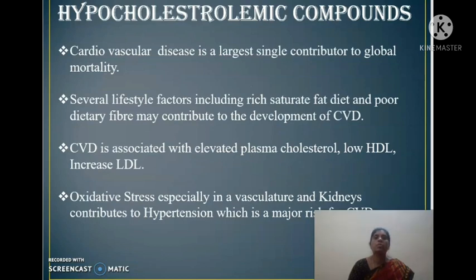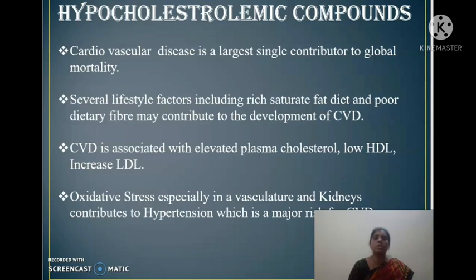Next is about hypocholesterolemic compounds. Cardiovascular disease is the largest single contributor to global mortality. CVD is a major public health problem. Several lifestyle factors, including a saturated-fat-rich diet and poor dietary fiber, may contribute to the development of CVD. So these two are the main factors.